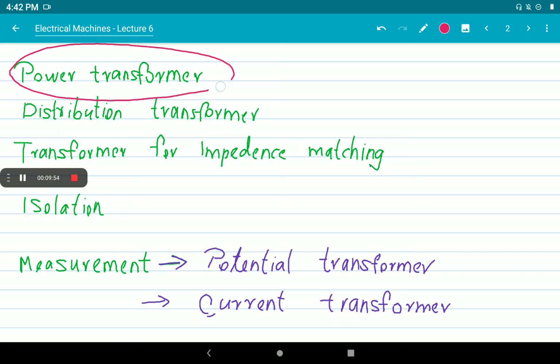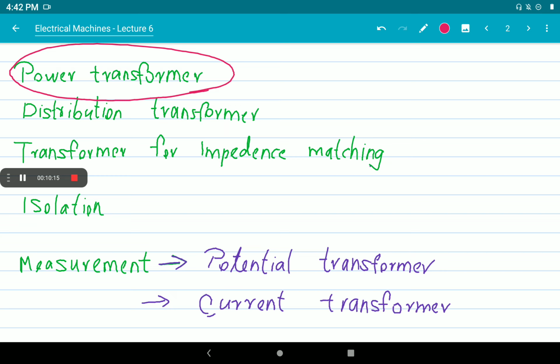So power transformers are used in the generating station. Whenever the generator is generating, the power transformer is on. If the generator is turned off for maintenance, or if there is any fault, we may switch off the generator, and then the power transformer will not work.